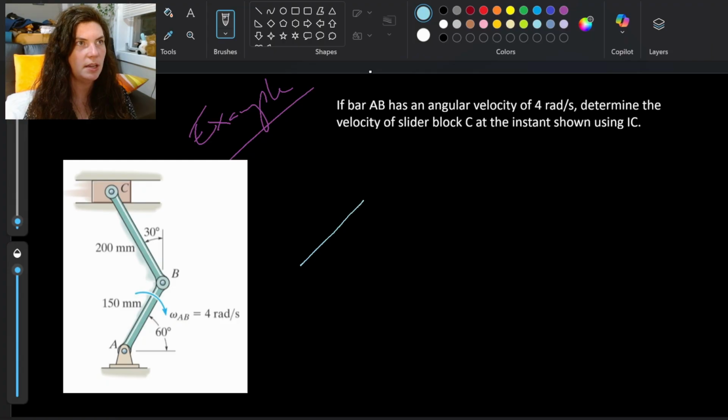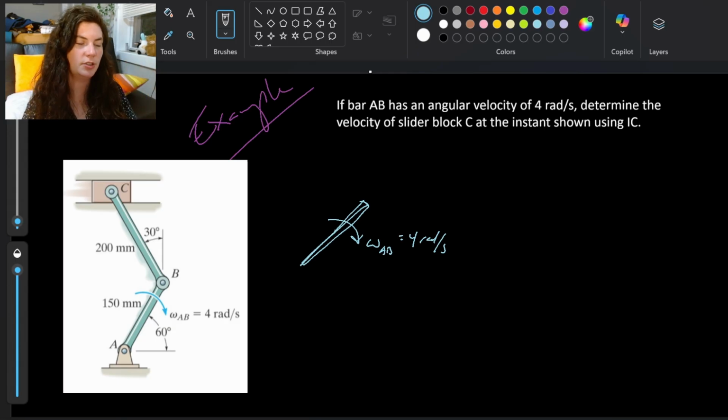So here's our AB. We're given an angular velocity for AB of 4 radians per second. And we'll notice that this is actually a rotation about a fixed axis.